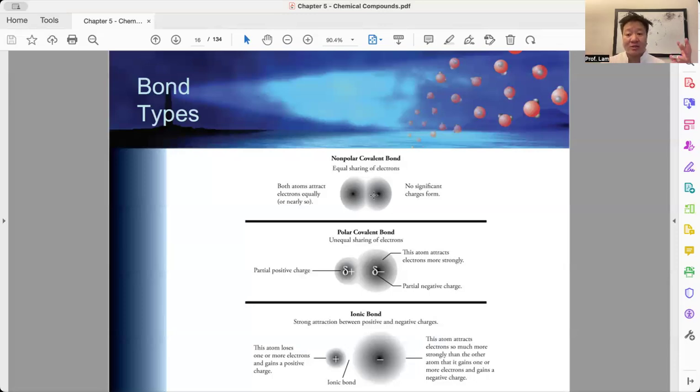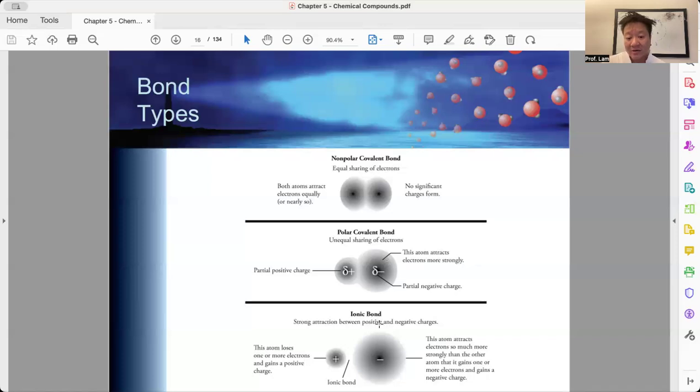But now as you put 2 atoms with very different electronegativities together, then one atom is going to hog the electron density more than the other, and you can think of that atom as being partially negative, whereas the other atom is partially positive because it's deprived of electron density. And so we call this the polar covalent bond. Right? We have an unequal sharing of electrons.